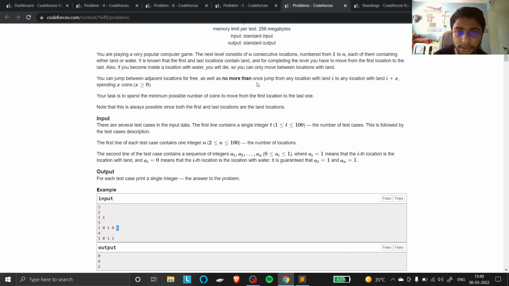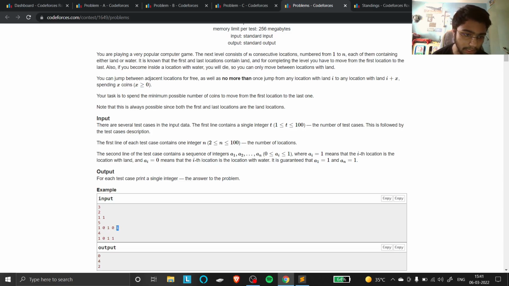As well as no more than once jump from any location with land i to any location with land i plus x.